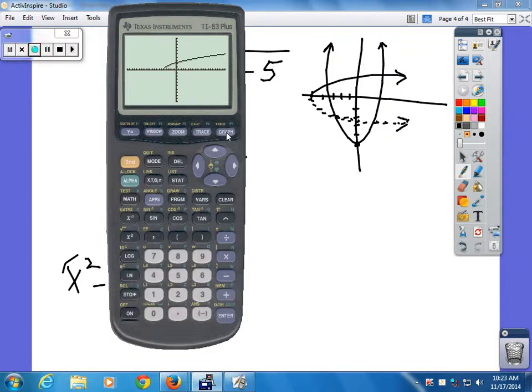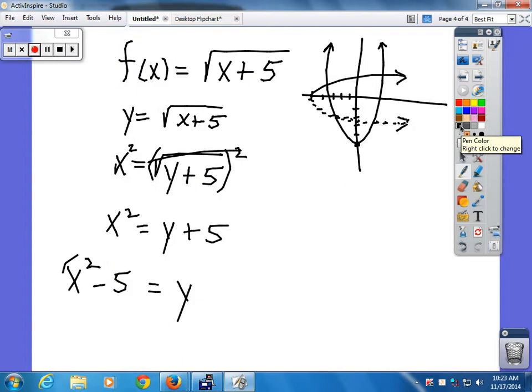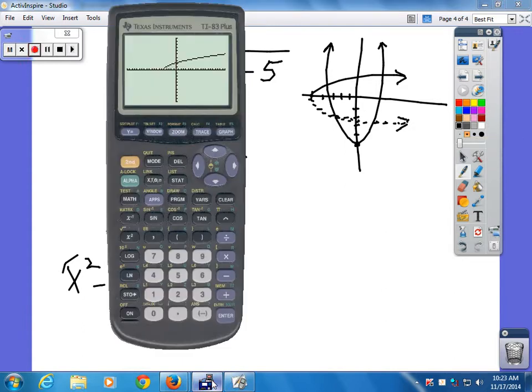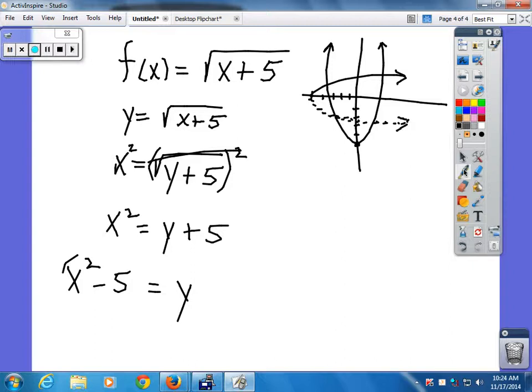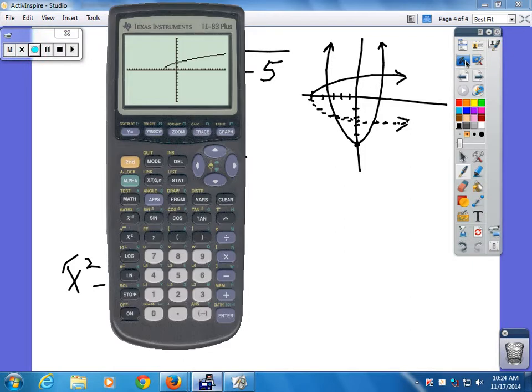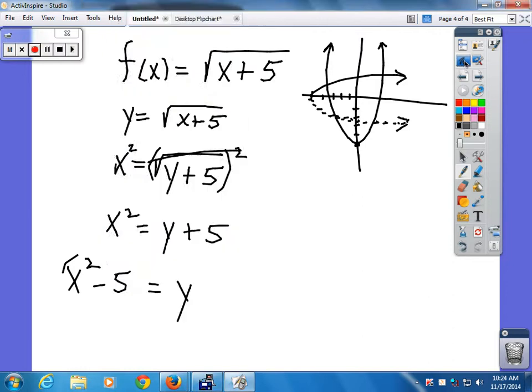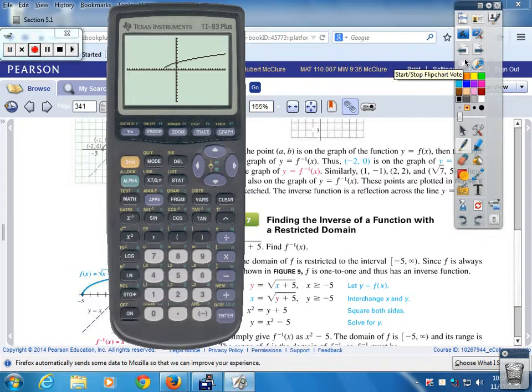Now you could take the square root of a negative. I guess it's not going to let me do it. Hold on. Well, that's what it would look like if you could take the square root of a negative. And then graph the other one.